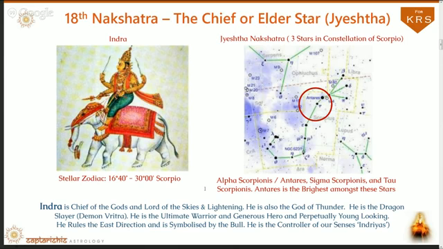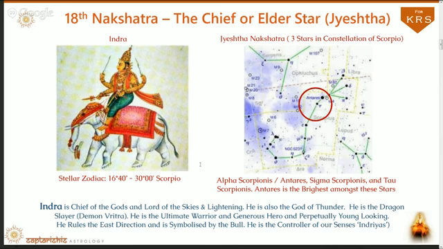Indra is boisterous, tricky, self-centered, dominating. Indra shows supremacy. He doesn't want anybody to stand in front of him. Sometimes this trait becomes too dominating, and the theme comes out very clearly in Jyeshtha Nakshatra.